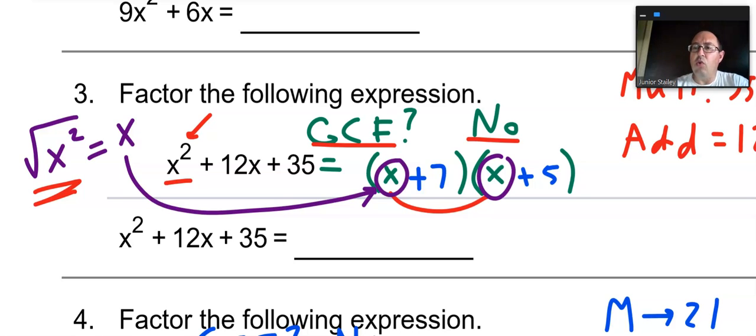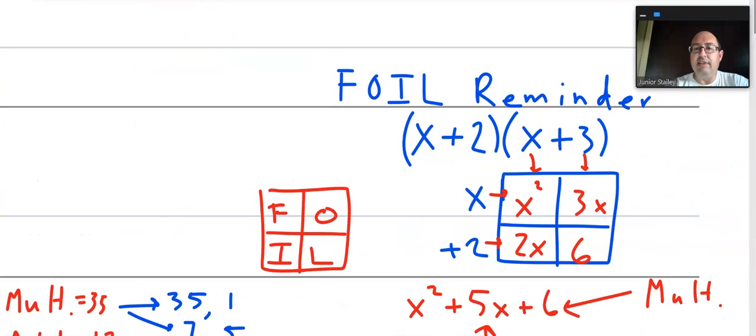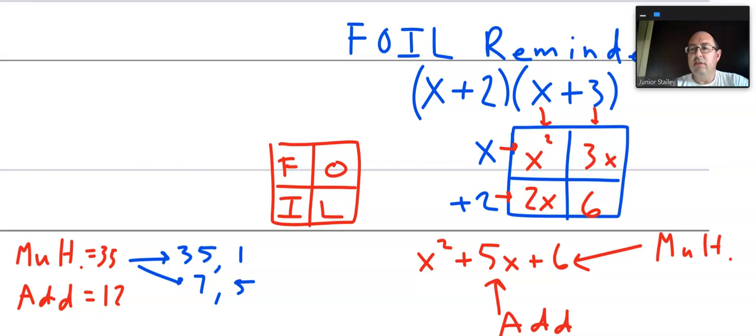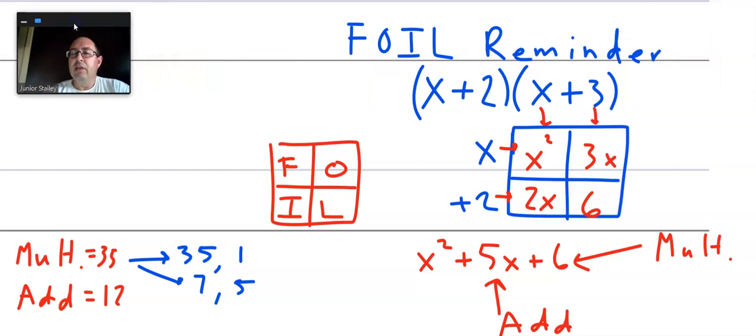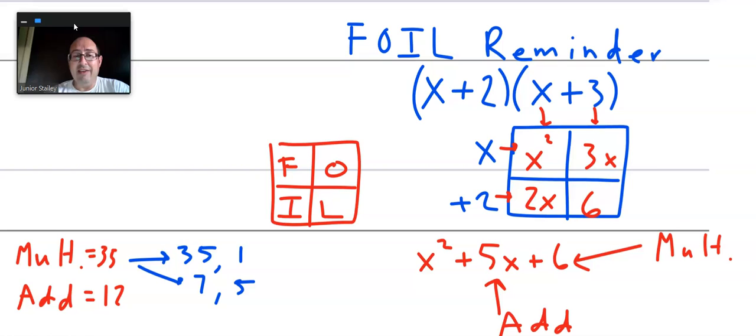Now, just as a walk down memory lane, this is the FOIL process. Let me go back here and talk about FOIL. As you can see, when you go to the grocery store, FOIL comes in a box. That's why I like to use a box.